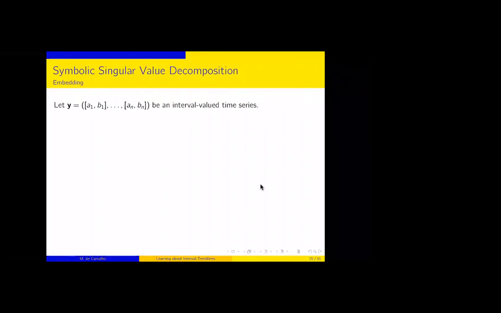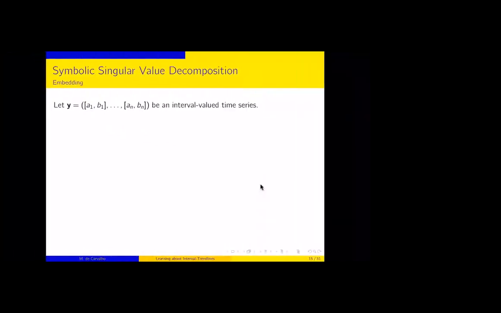So the starting point, the unit of analysis, if you will, is this interval valued time series. We want to revamp singular spectral analysis in a way that is adapted to this setup.